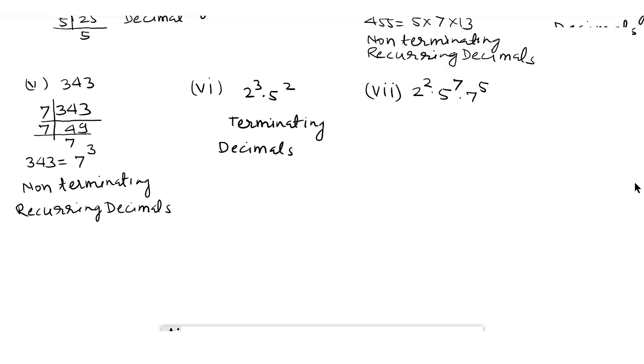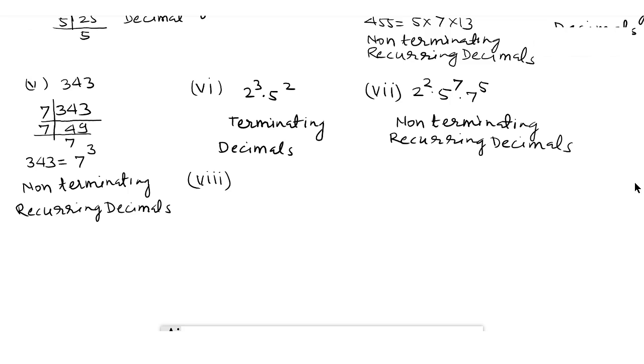Here the denominator is not of the form 2 to the power m into 5 to the power n. It is also having 7 to the power 5. Hence this is non-terminating recurring.